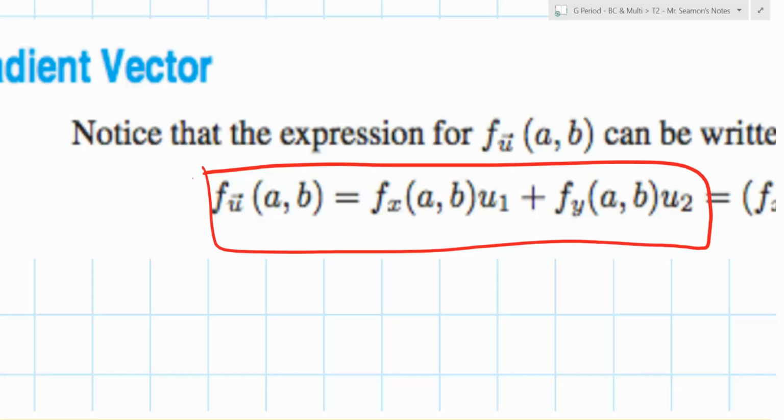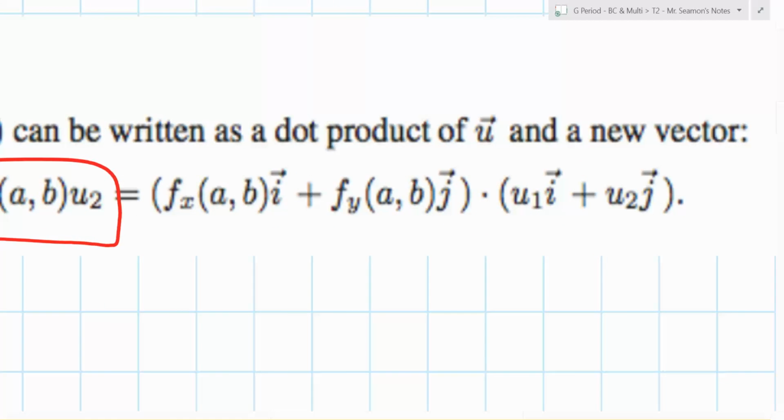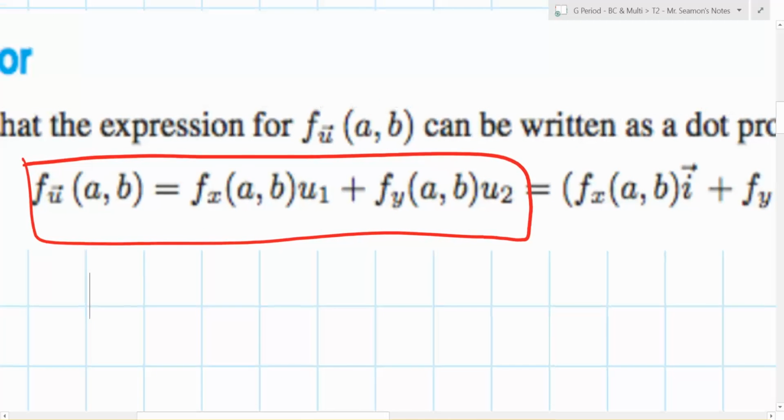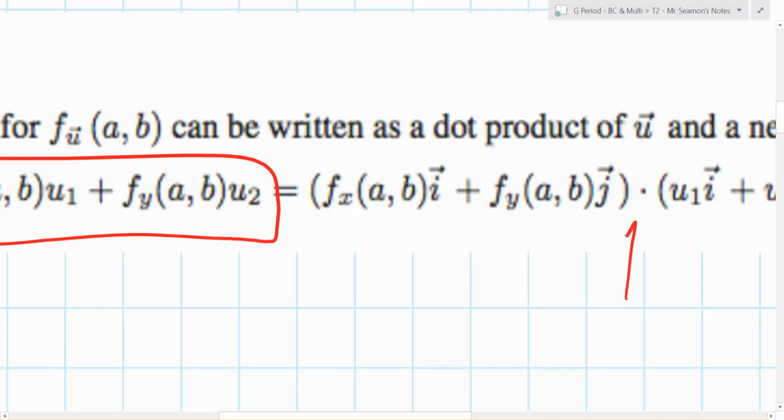This is the sum of the product of two things. So what's another way to write the sum of the product of two things? The dot product of two things. You can write it as the dot product.